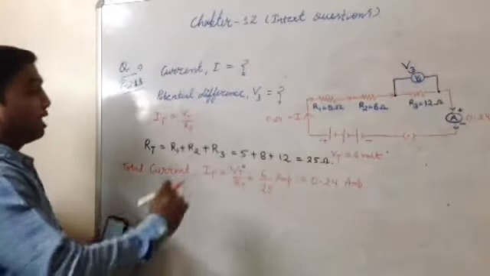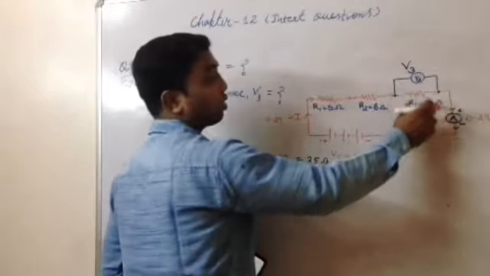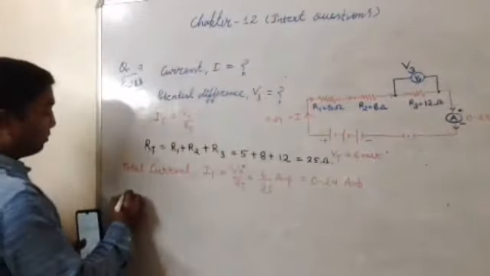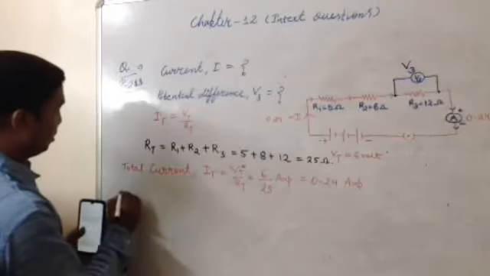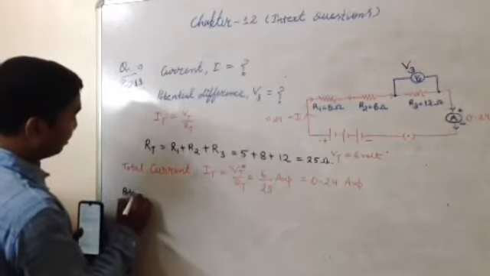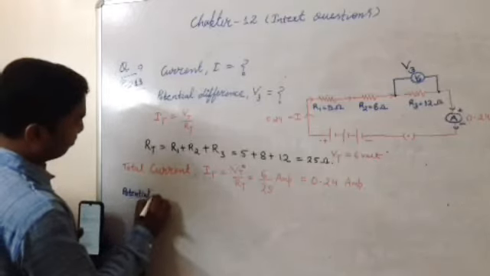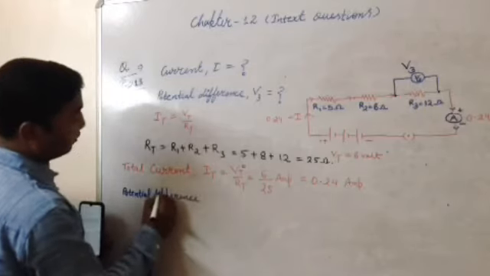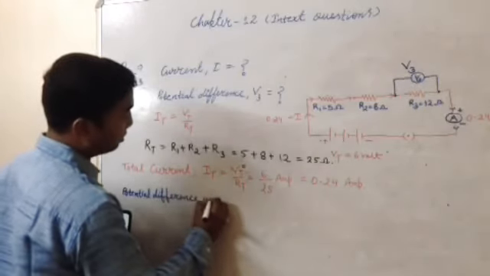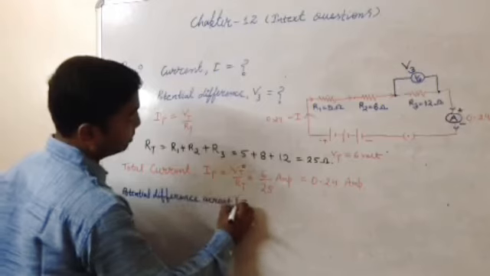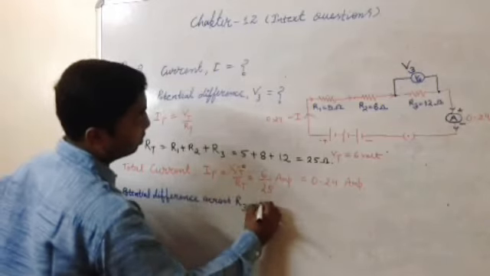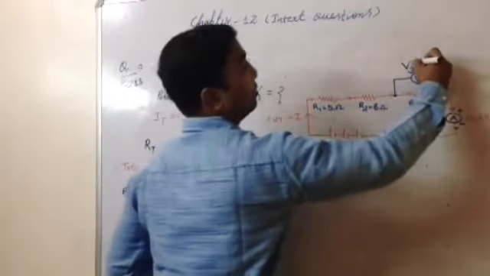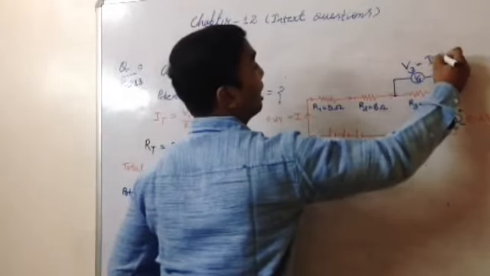Now what else? We have to calculate the potential difference across this 12 ohm resistor, meaning across the third resistor. So here we will write the potential difference across which resistor? R3. What is it? V3. And we know how to find the potential difference. V3 equal to I into R3.